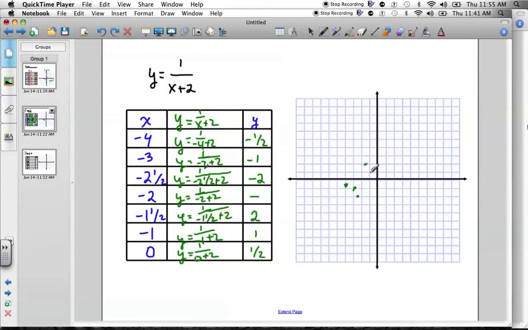Negative 1, 1, and 0, 1/2. Now you can connect those points. We know that at negative 2 it will not touch, so you have an asymptote here. That is the x-axis, and at this value where x is negative 2.